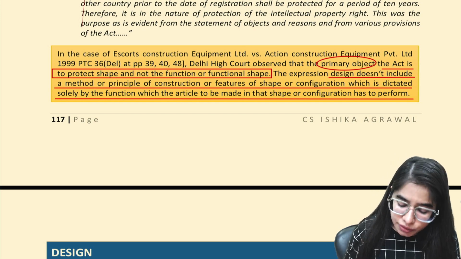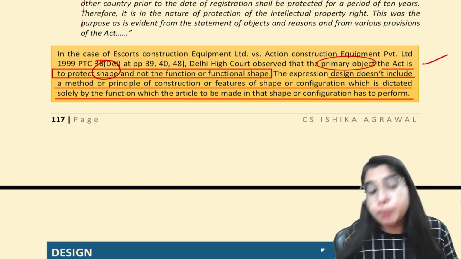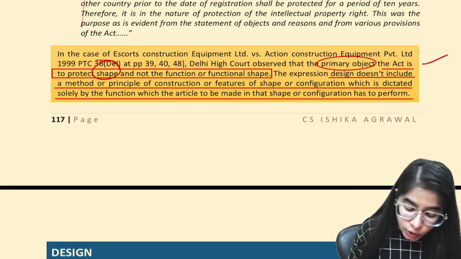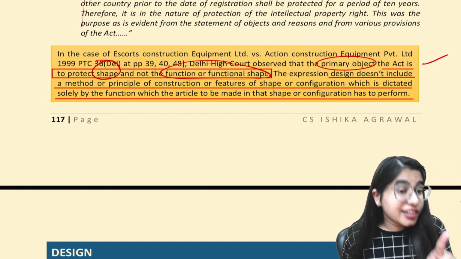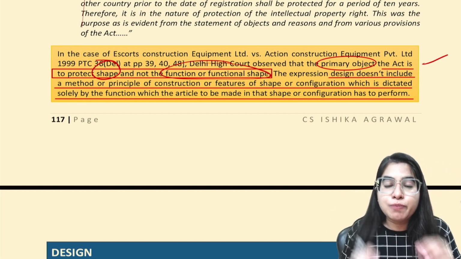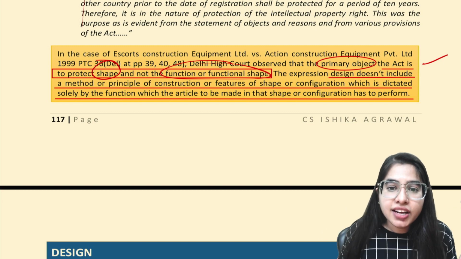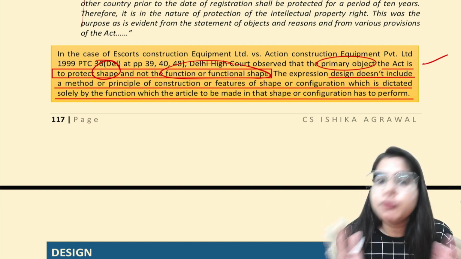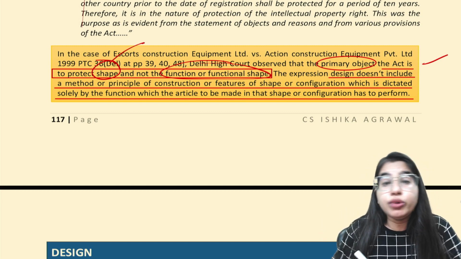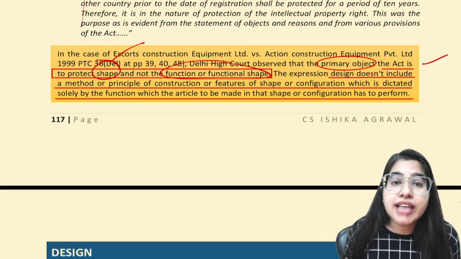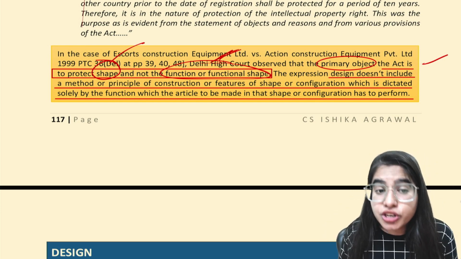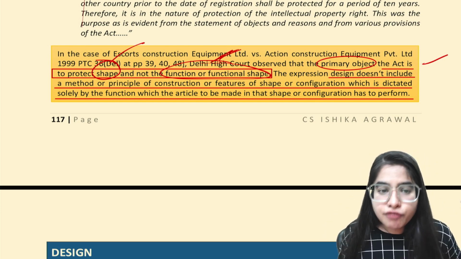The primary objective is to protect the unique shape, and not the function. I already told you this. I have already explained that the main purpose of the Design Act is to protect the unique design that you make, and not the function of the shape.